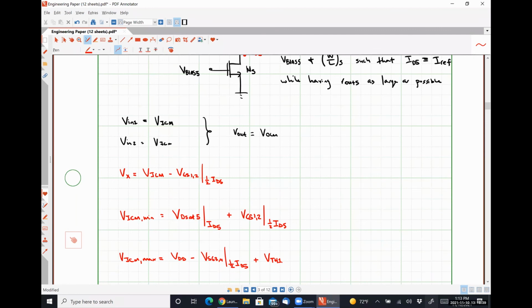So we have an input common mode voltage minimum and an input common mode voltage maximum. These two things together form what's called the input common mode range, or ICMR, of our op amp. This is literally something that you can look up on its data sheet.